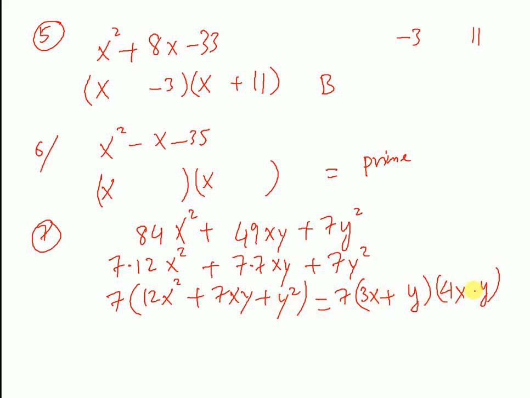And you can check this is correct, because 3x times 4x gives me 12x squared, and 3x times y gives me 3xy, and 4x times y gives me 4xy, and 3xy plus 4xy gives me back 7xy for the middle term, and the last term y squared. So y and y give me y squared. So this answer is B.